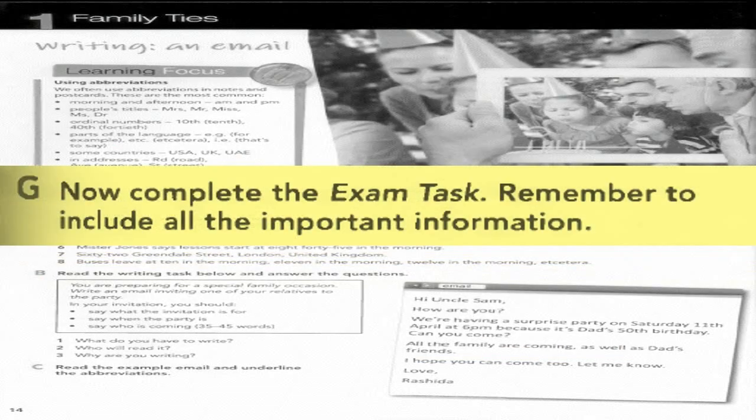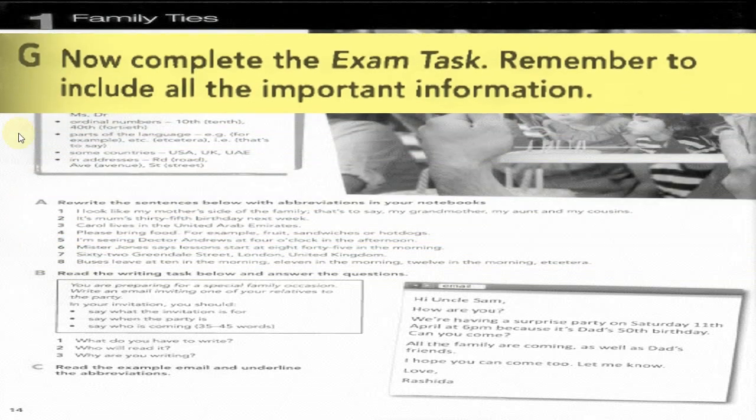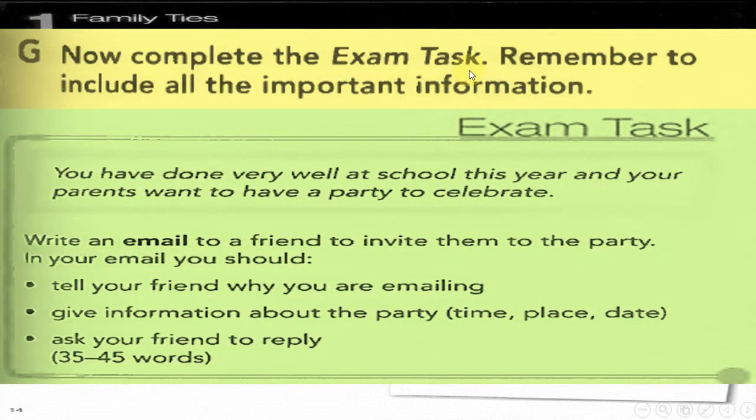Okay, let's move on. Now, my dear students, in exercise G, complete the exam task. Remember to include all the important information about your invitation. You have done very well at school this year and your parents want to have a party to celebrate. Write an email to a friend to invite them to the party.